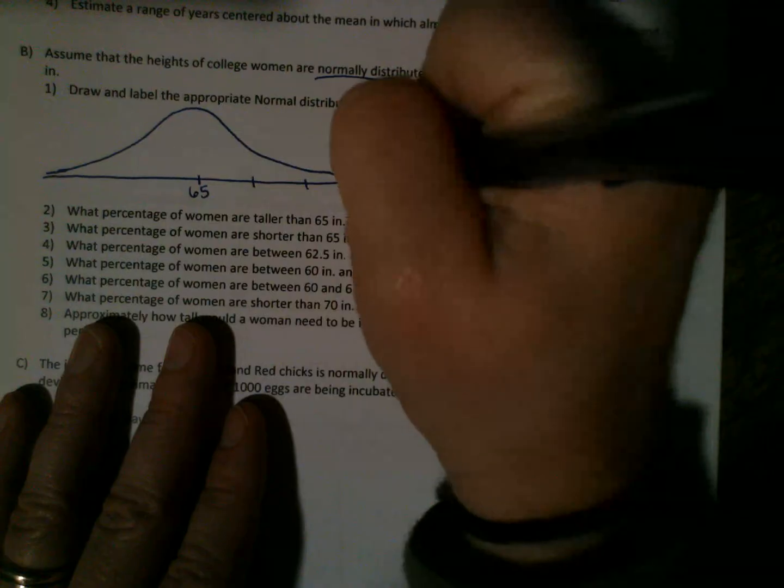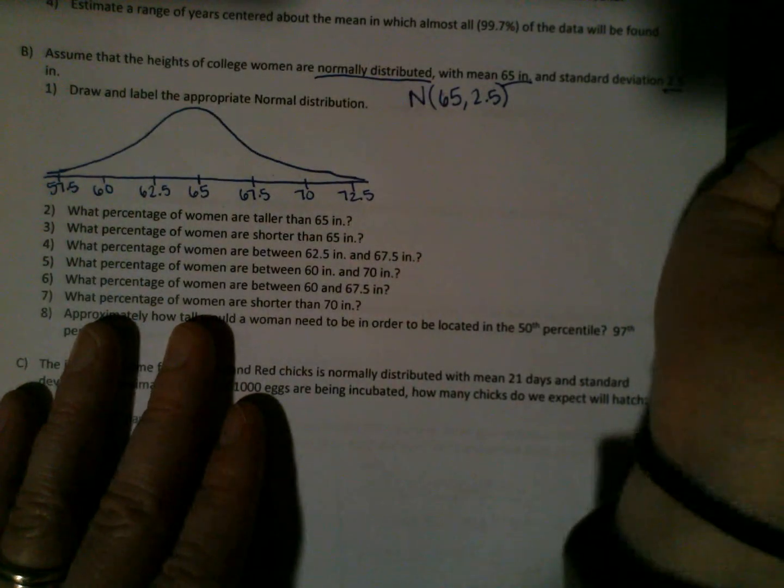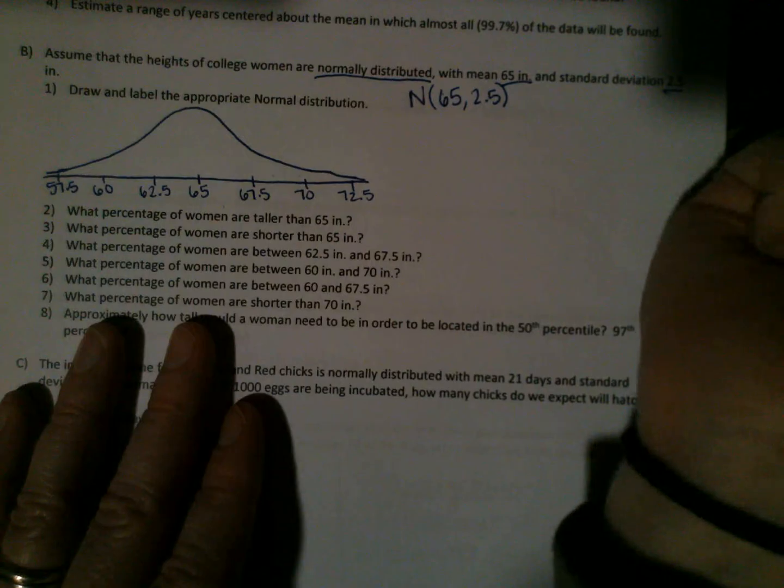Okay, so 65 in the center for the mean, and each standard deviation is 2.5. So 67.5, 70, 72.5. And same thing on the other side. 62.5, 60, and 57.5. And I don't want to leave that graph without a label. These are heights measured in inches.